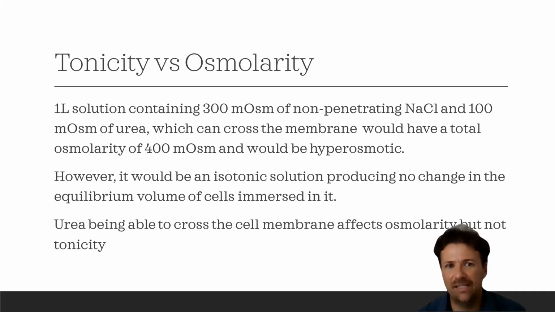But as the urea equilibrates, the water is going to move back and the cell is going to return to its same size. So that solution is isotonic, but hyperosmotic. Initially, there'll be a transient shift in fluid, but when everything equilibrates, there'll be no change. That's simply because urea is able to cross the cell membrane. It affects osmolarity, but it doesn't affect tonicity.